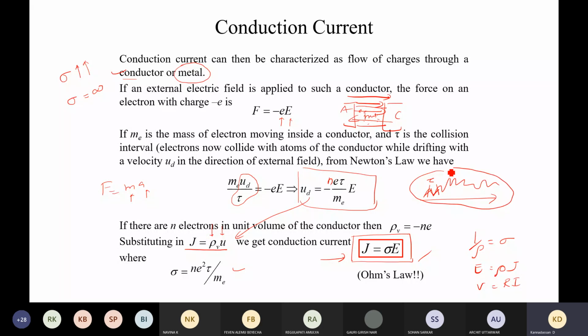As the atomic size increases, the electron collision rate also will keep on increasing. For example, for iron, and then for bismuth, tin, antimony, all these materials, you will be having less conductivity rather than high conductivity.